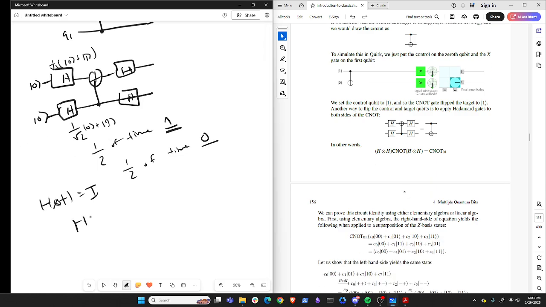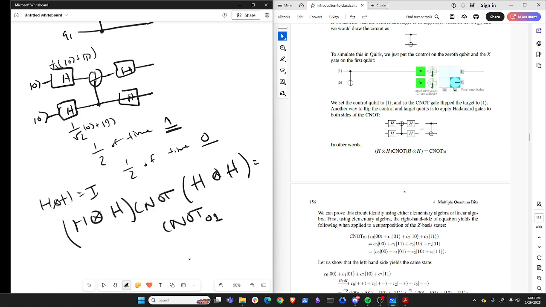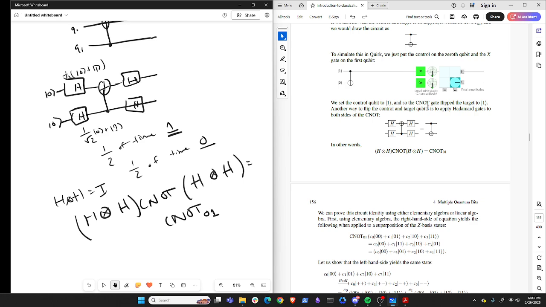So they have it written here that these two are equivalent: applying a C0 to a 0, 0 is the same thing as applying a C0 to a 0, 1. In other words, taking this and turning it into this guy right here.